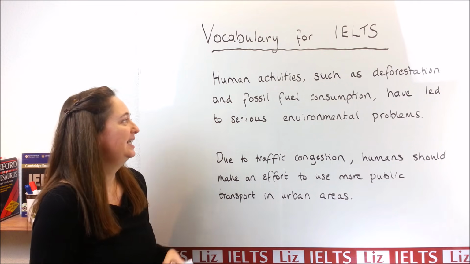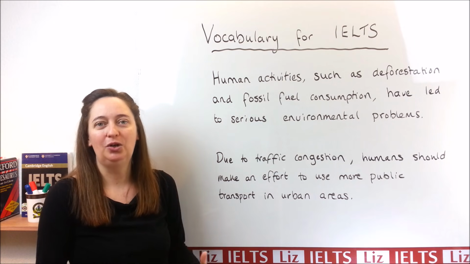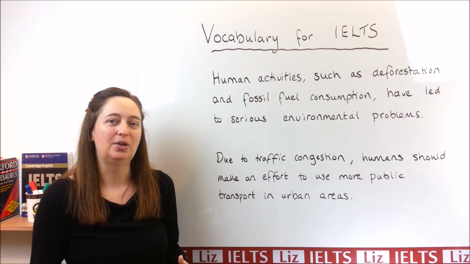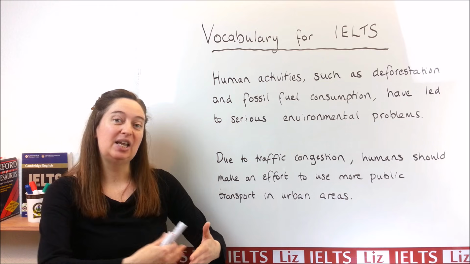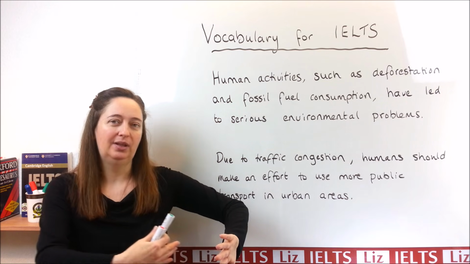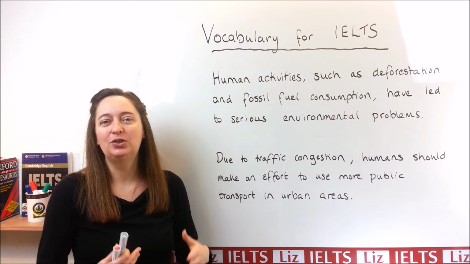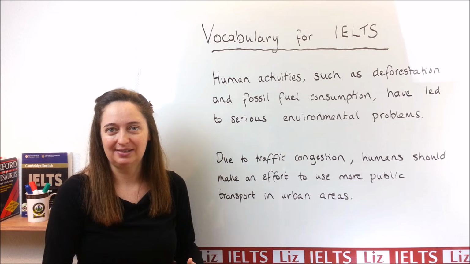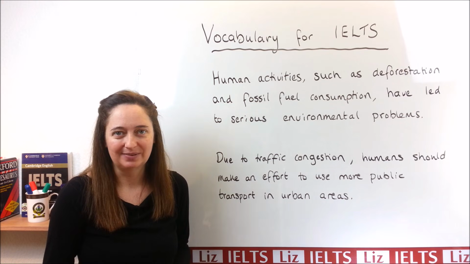So that means it is possible to talk about humans. We use the word human when we're trying to differentiate between people and animals. So when we're talking about species, we use the word humans.